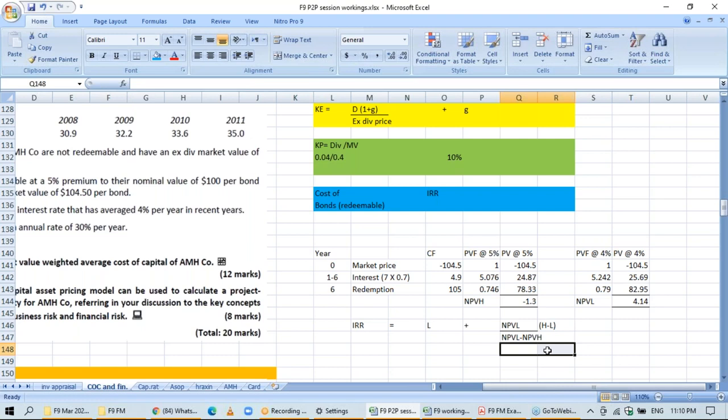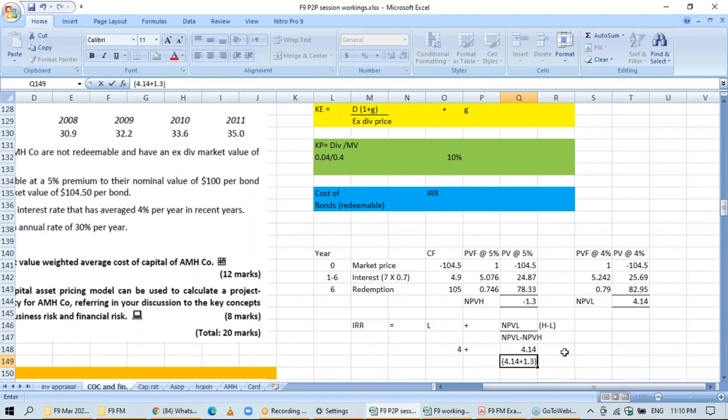So using this formula, the lower rate selected by us was 4%, and the NPV at the lower rate was 4.14. 4.14 minus the negative NPV makes the positive NPV.